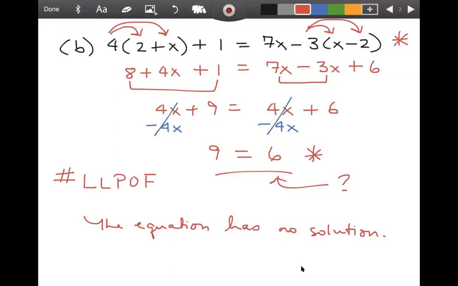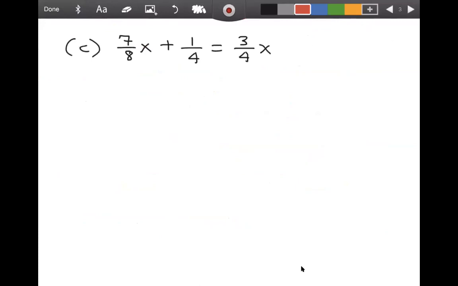All right, next example. Now we've got our fractions. Okay, don't panic. So step 1 said to multiply both sides by the LCD in order to get rid of the fractions. So let's talk about what is the LCD for this equation.